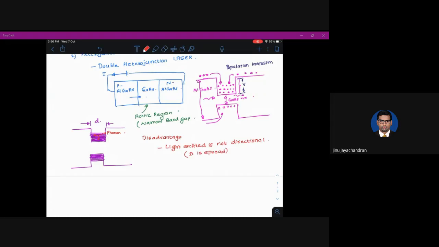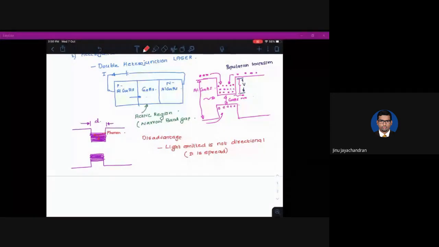The main property of a laser is that the laser light is directional. Whichever photons are emitted will be propagating in the same direction. So if one photon emitted propagates at 0 degree, the next photon emitted should also propagate at 0 degree. If it propagates at 45 degree, 90 degree, etc., then it is getting a spread.